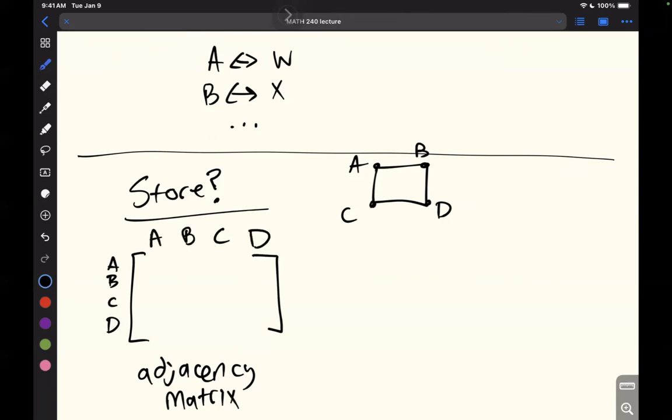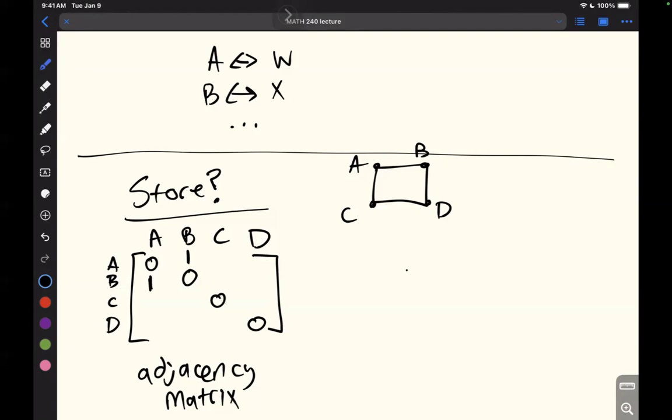and as my columns. If there is an edge between 2 vertices, I put a 1 in that row and column. This also assumes that because we're dealing with simple graphs, there's a 0 in row A, column A, row B, column B, since there's no edge between a vertex and itself. So row C, column C, row D, column D, those are all zeros. There is an edge between A and B. So these are symmetric.